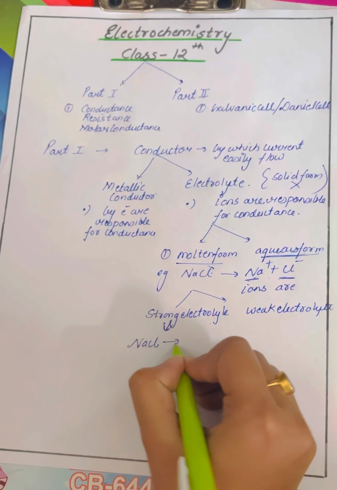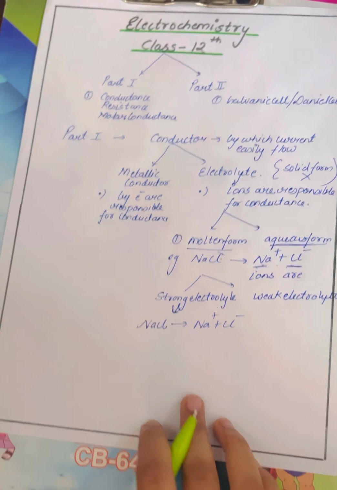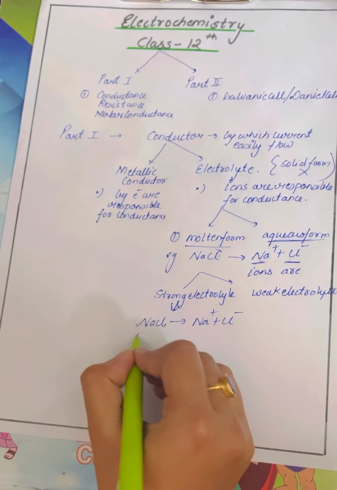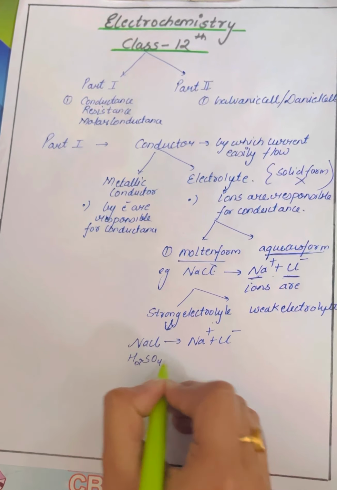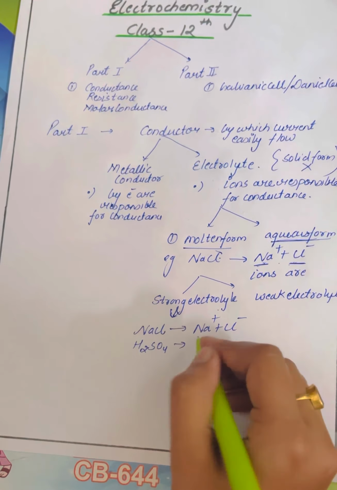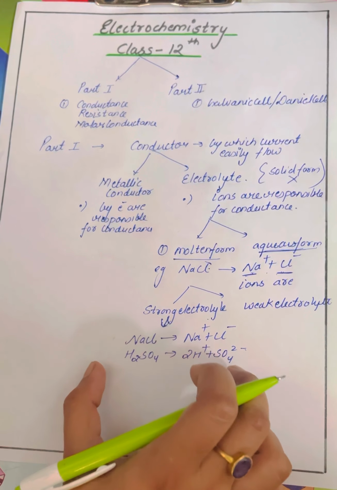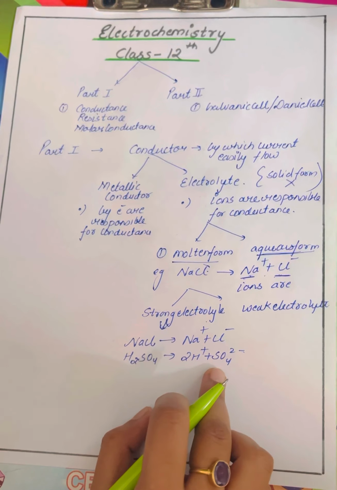If we dissolve NaCl in water, it gets ionized to give Na positive and Cl negative. It gets completely ionized. Again, H2SO4: if we dissolve H2SO4 in water, it gives 2H positive plus SO4 2 negative. Therefore, strong electrolytes are those which get completely dissociated into ions.